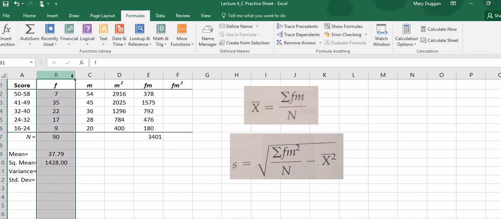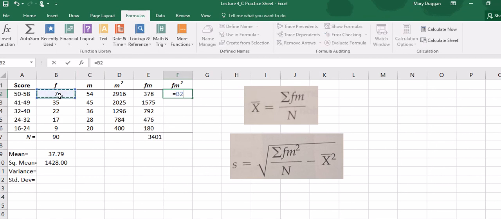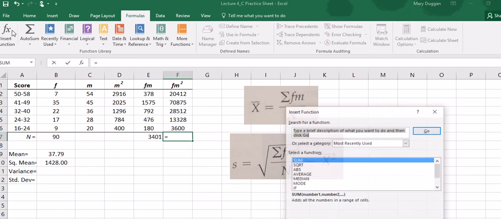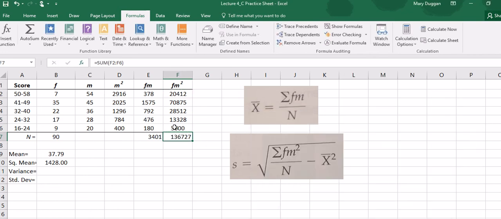So I'm going to do equals the frequency times midpoint squared to get this frequency times midpoint squared product. All right. Then I'm going to drag the rest of that down. I know I'm going to have to sum that up. And I end up with this very large number.